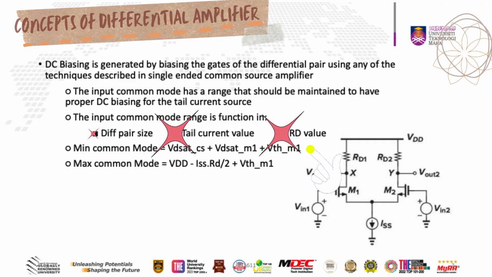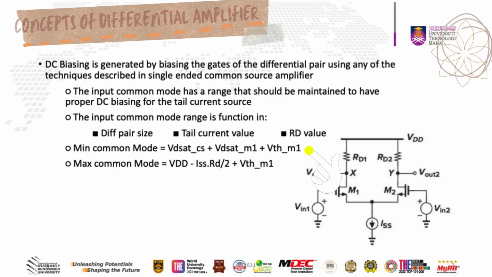The minimum common mode is defined as VD saturation at the current source plus VD saturation at M1 plus the threshold voltage of M1. This represents the minimum input voltage required to keep the transistor in the saturation region.